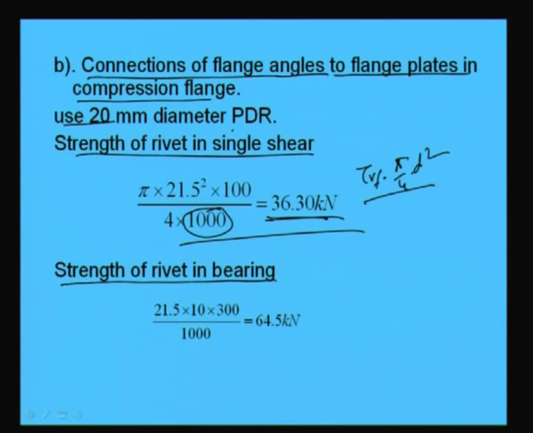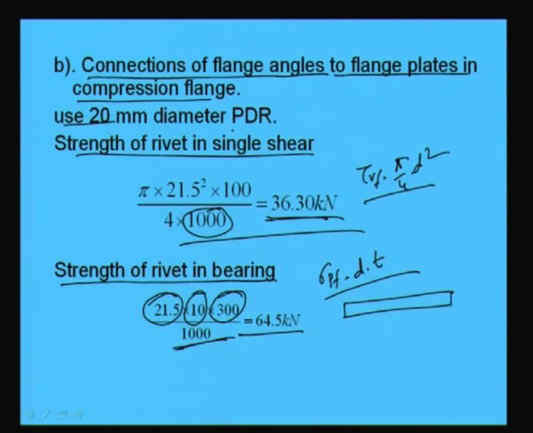Similarly, the strength of rivet in bearing will be sigma Pf into d into t. d is 21.5 and this is 10 mm thickness of the angle, and sigma Pf divided by 1000 for making kilonewton. So, 64.5 kilonewton. Let me make this clear. If this is the web, say, this is the angle, and this angle is 150 by 150 by 10, right.